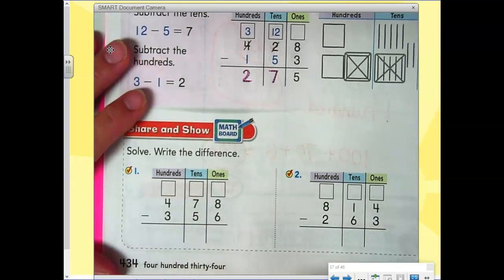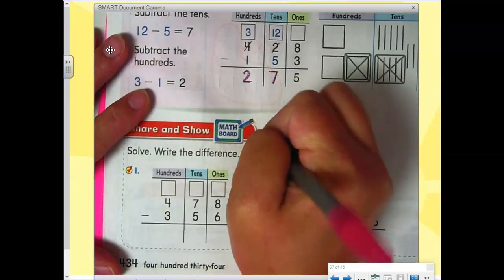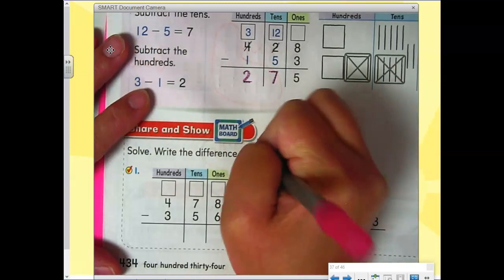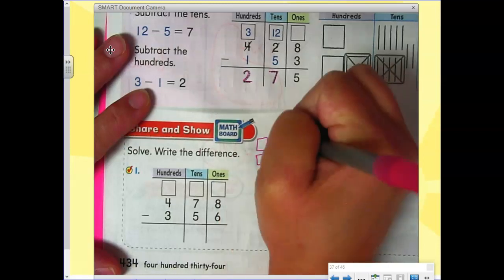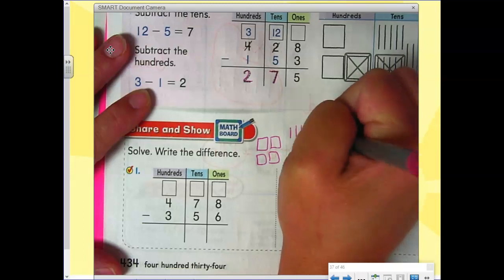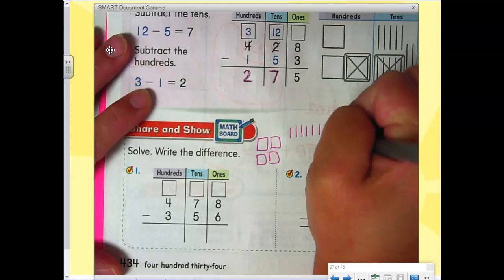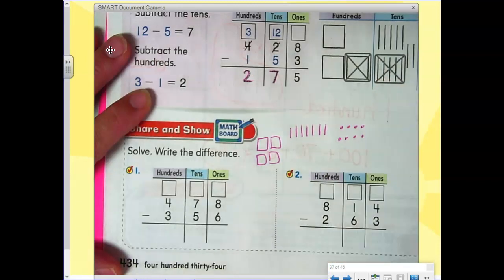If you need to draw your picture, you can. So 478 would be 4 hundreds, 7 tens, and 8 ones. 1, 2, 3, 4, 5, 6, 7, 8.